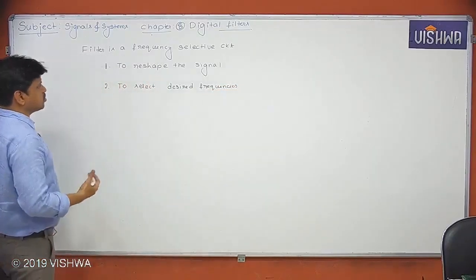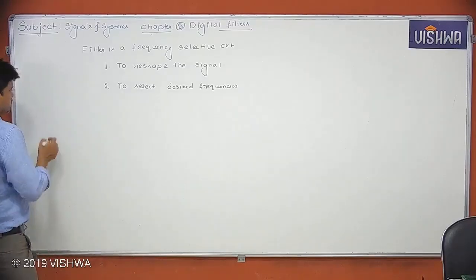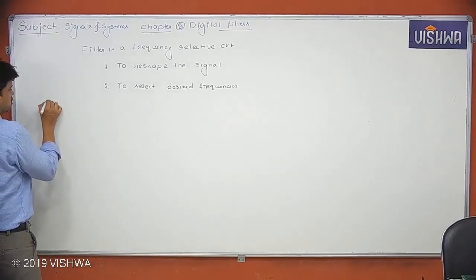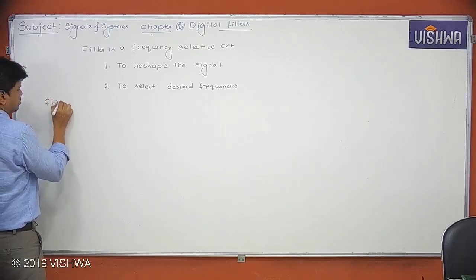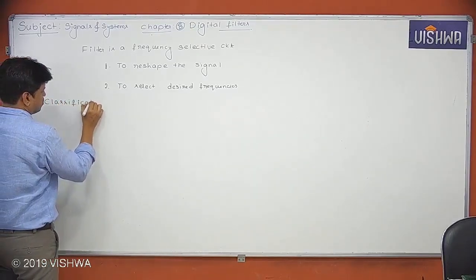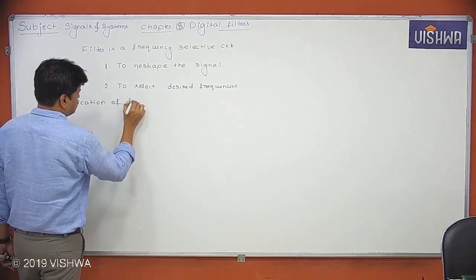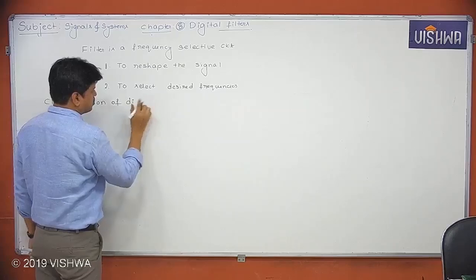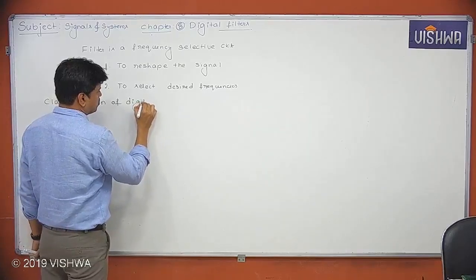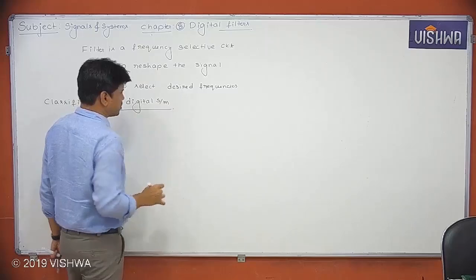So digital systems we haven't seen, so I am just giving you some information about the digital system. Classification of digital systems. You might have seen in control systems the continuous time system.